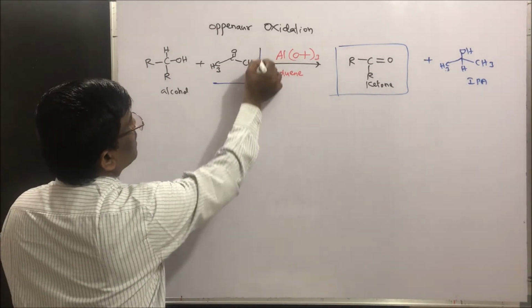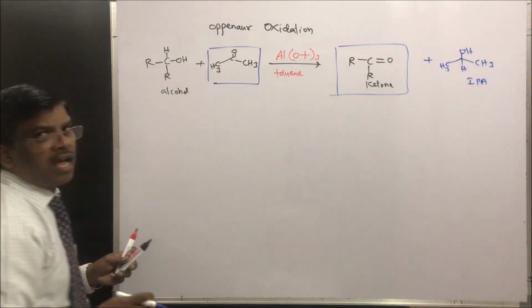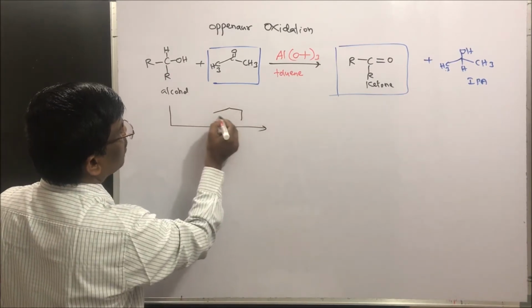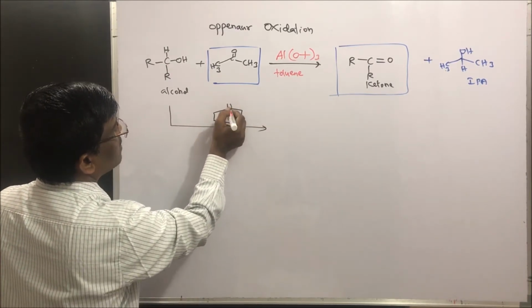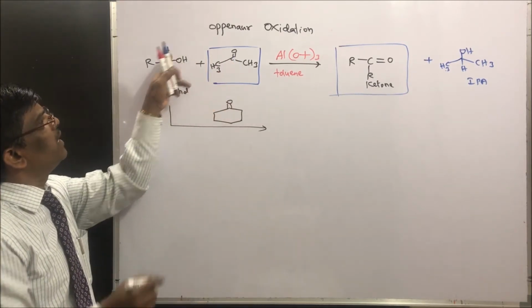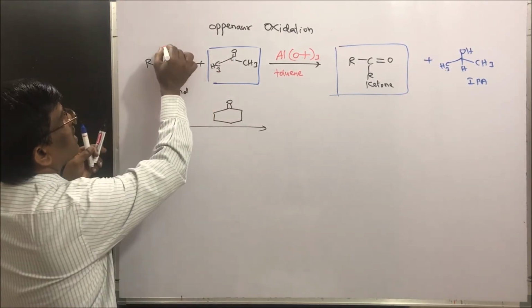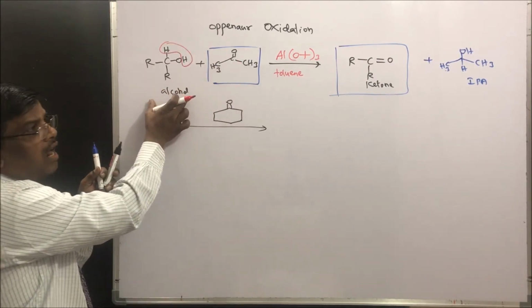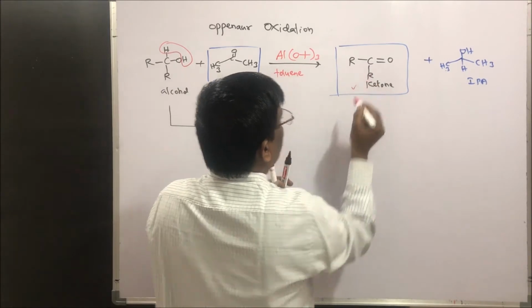So in place of acetone, I can take, for example, cyclohexanone as hydrogen acceptor. This acetone is accepting these two hydrogens from the alcohol to give the ketone product.